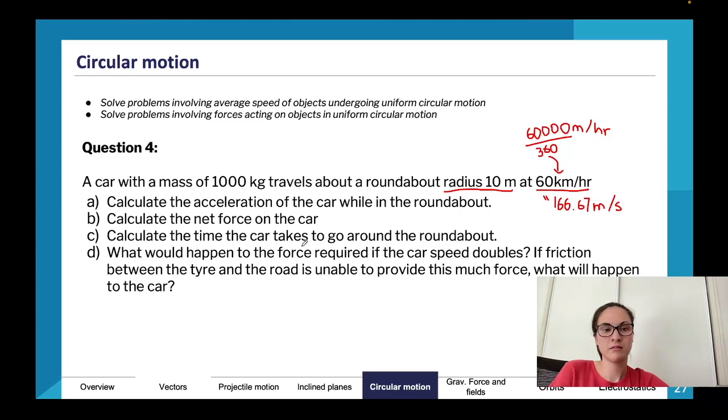Alrighty. Calculate the acceleration of the car while in the roundabout. So we have converted all that. Let's put down A. We're going to use the formula acceleration is equal to velocity squared over radius.